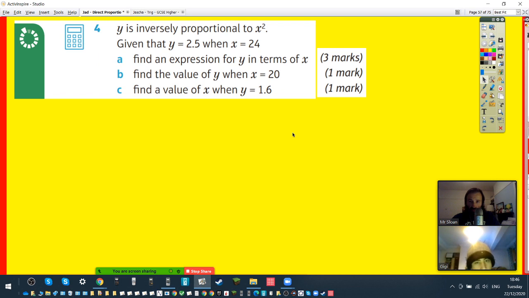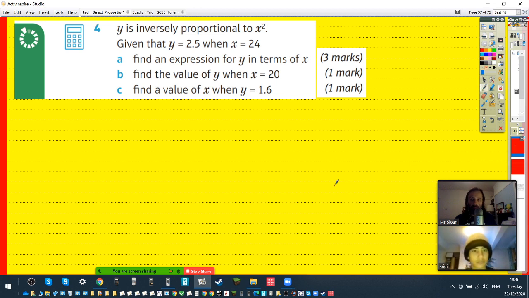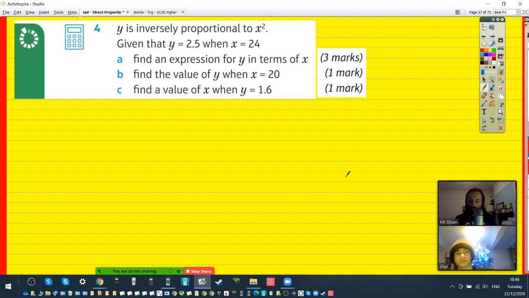Grade 8. Is it worth doing? You think you're alright? Good. Okay. y equals 1,440 over x.